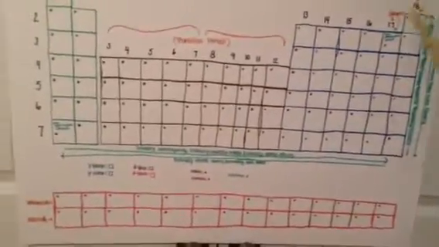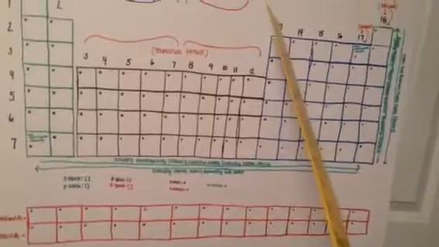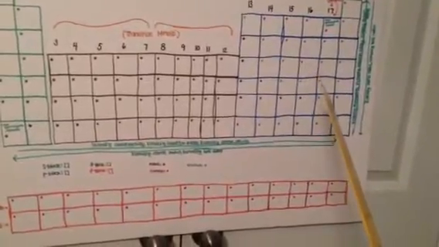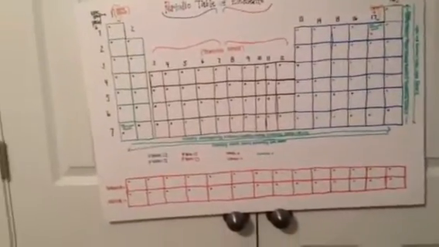And all the non-metals are on the right side of the stair-stepping block, which include helium and all of these down here until you get here, and hydrogen. And all the metalloids are the stair-stepping block, which consists of 7 elements on the periodic table.